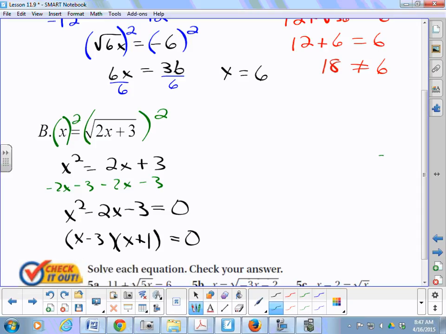Remember, the factors of negative 3 that add up to negative 2. So x equals positive 3 or negative 1, the opposites.